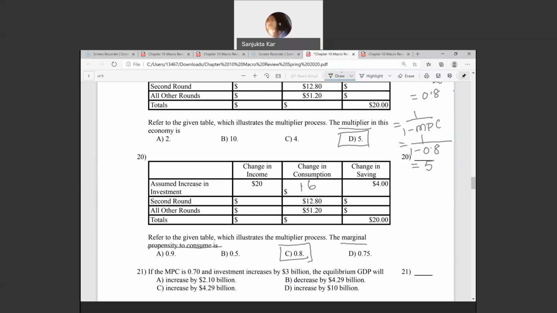Question number 21, I'm not going to do this because I believe you can do this question on your own. You have the MPC. You are going to find the value of the multiplier. How much GDP will increase will be equal to $3 times the value of the multiplier. I believe you can do it.